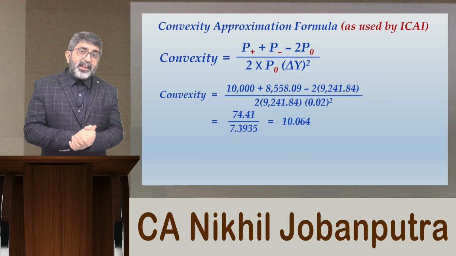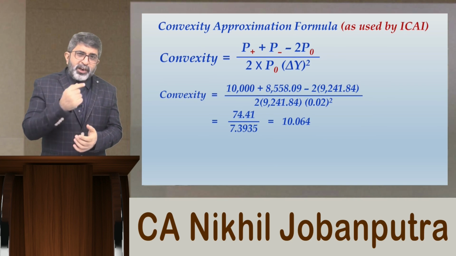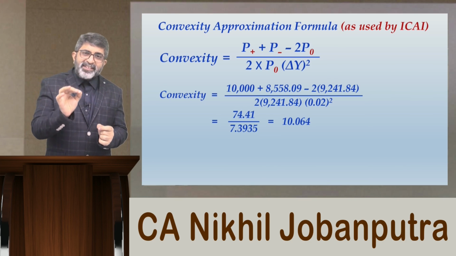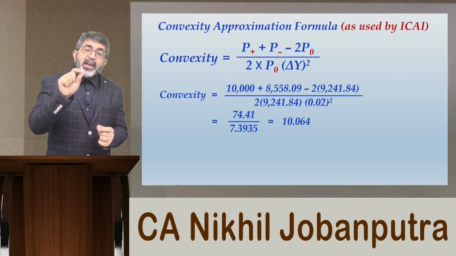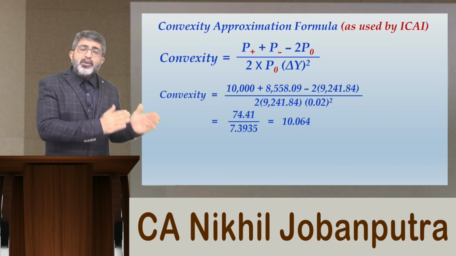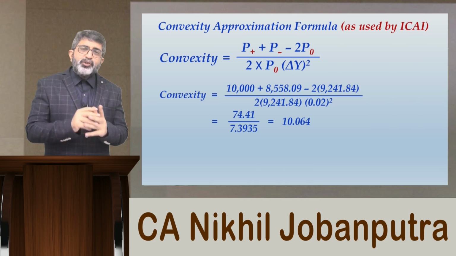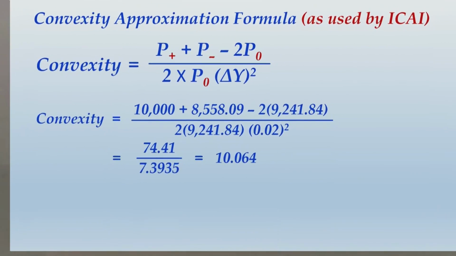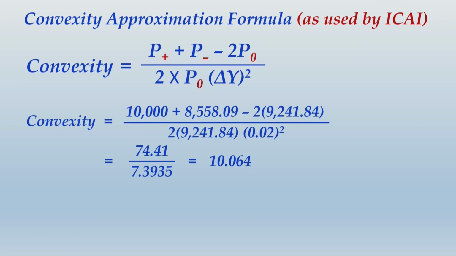If you look at Institute study material, they did not mention this as convexity actually. They've mentioned this as C star, and that C star is the half the value of the convexity that should be arrived at. So let me show the last part of the calculation over here, how to carry out convexity adjustment if at all you are using the approach followed by ICAI.